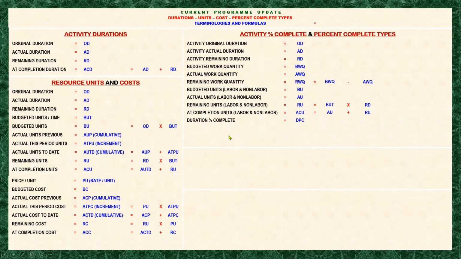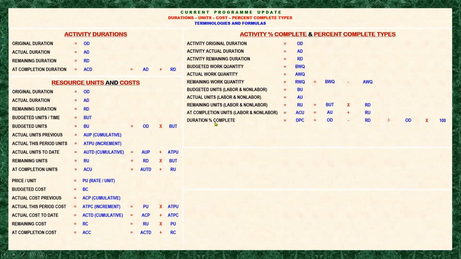Next is the duration percent complete. Here, this is one of the types of duration that we use in Primavera to calculate the activity percent complete. So when we calculate the activity percent complete or update the progress of the activity, we will be choosing the percent complete type, of which there are three types.